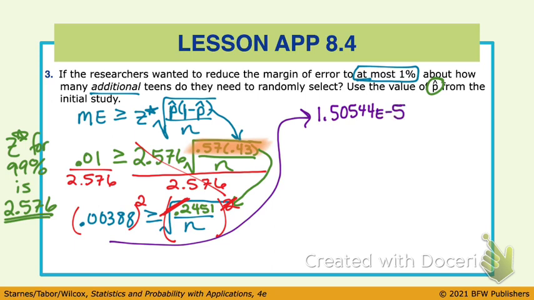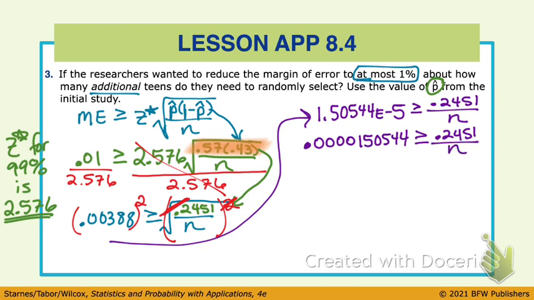Okay, and remember, that's very important. And that is greater than or equal to 0.2451 over n. All right, we said that e to the negative 5th, that means we need to move our decimal 5 places. Okay, so we're going to have 0.000150544 is greater than or equal to 0.2451 over n. I know that's a really ugly decimal, but that's what we've got.